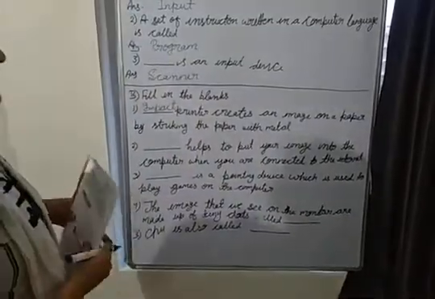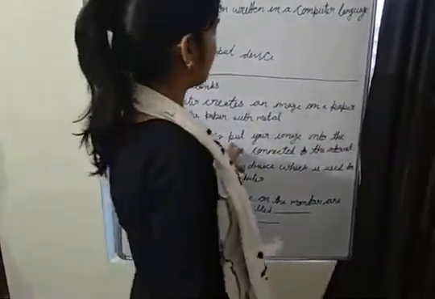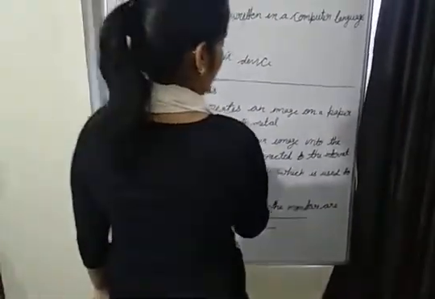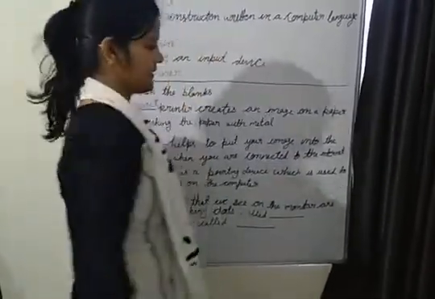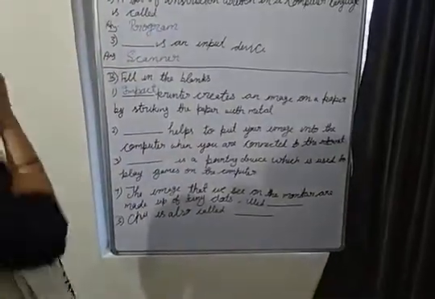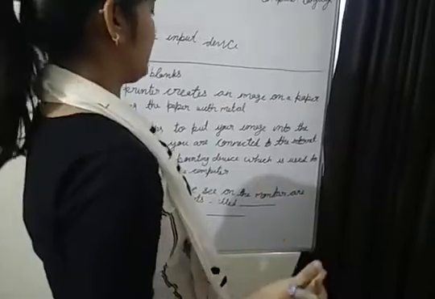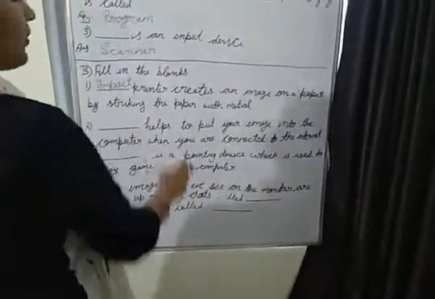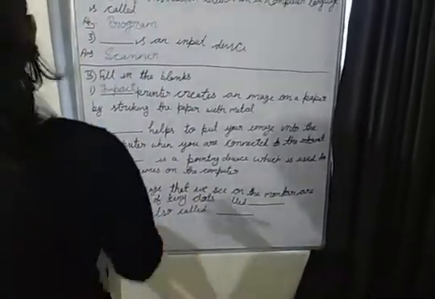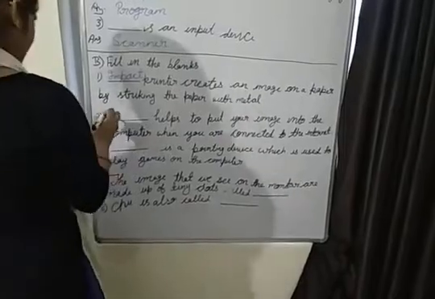Next one. This helps to put your image into the computer when you are connected to the internet. Means student, when you are using the internet and you want to put your image. Okay, so which device is used here? Webcam.